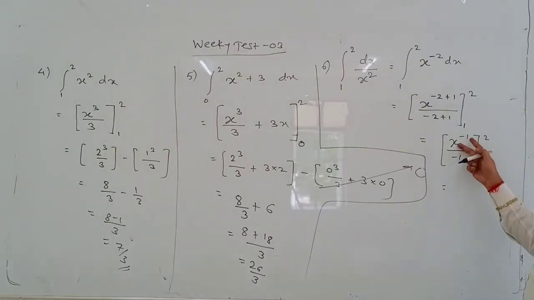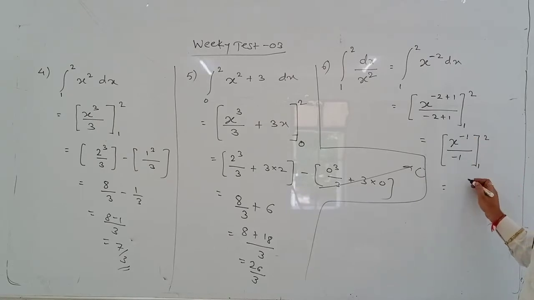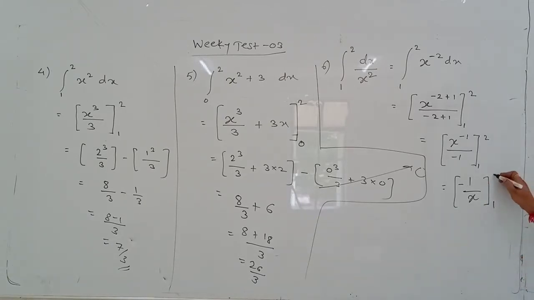When this x to the power minus 1 comes to the denominator, it will become 1 upon x with negative sign. This minus sign which is in the denominator will go to the whole term. And x to the power minus 1, I can write as 1 upon x, from 1 to 2.